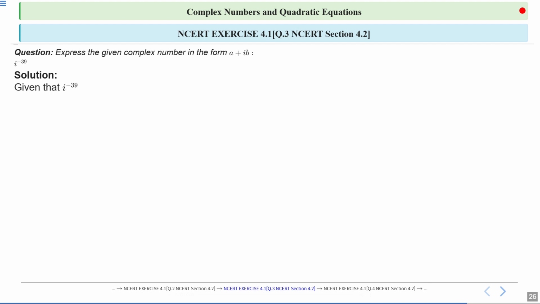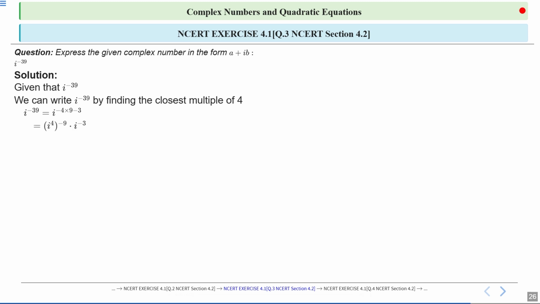Let's start the solution step by step. Given that iota to the power minus 39, our goal is to simplify the expression and write it in the form a plus iota times b. We can write iota to the power minus 39 by finding the closest multiple of 4. So iota to the power minus 39 equals iota to the power minus 4 times 9 minus 3.